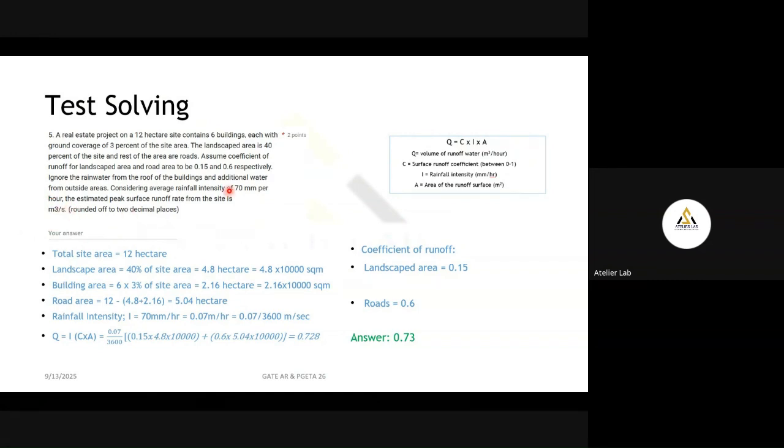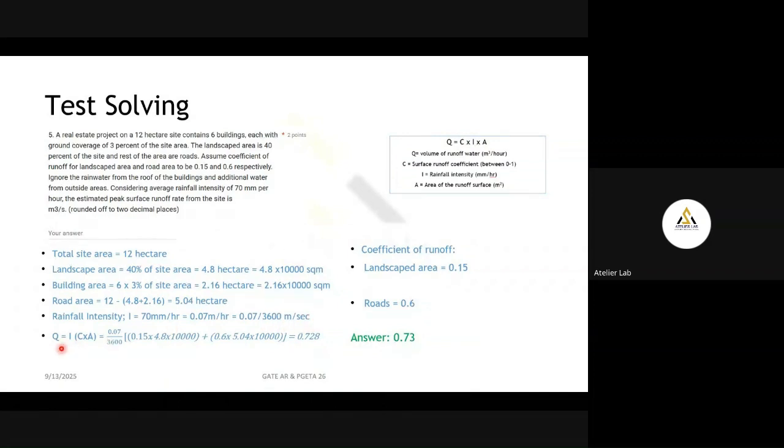So you need to convert the 70 millimeter per hour first into meter per hour, by dividing by 1000, and then into meter per second, dividing by 3600. So hours into seconds has been converted. We have 0.07 by 3600 meter per second as the rainfall intensity.